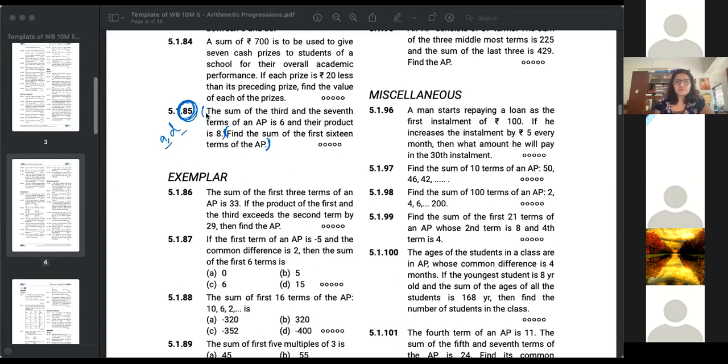So let's focus on the first part of the problem only. Whoever is already solving it, put the answers in. In the meantime, I'll do it on the whiteboard. So the sum of third and seventh term is 6. Product is 8. So let's start from there.